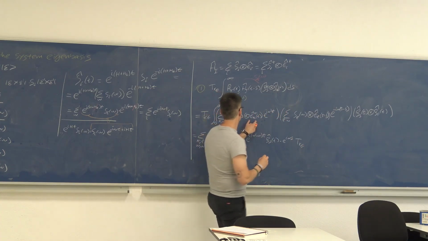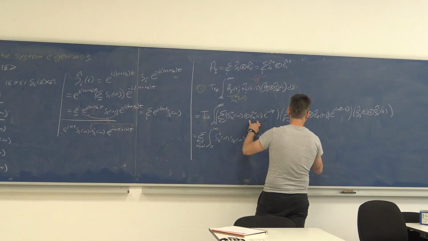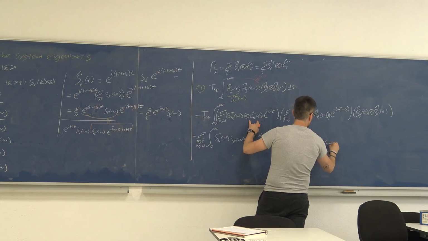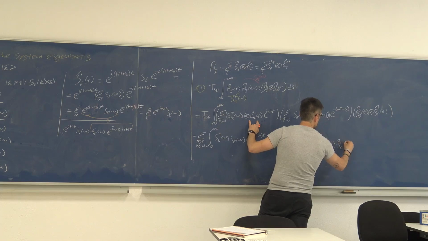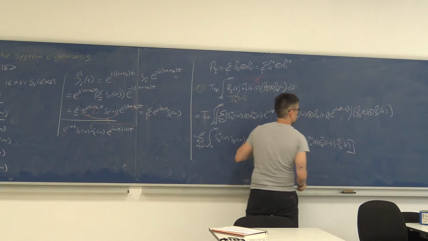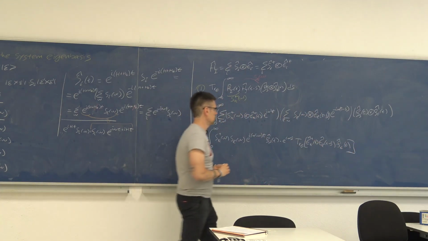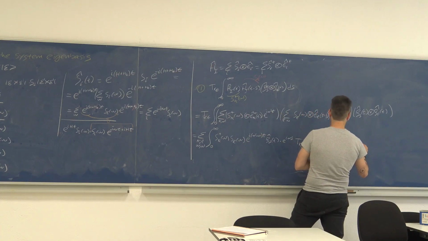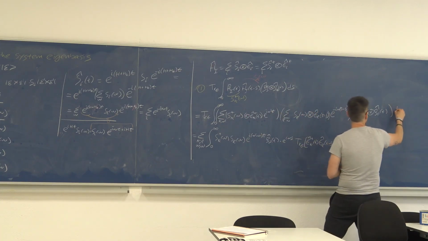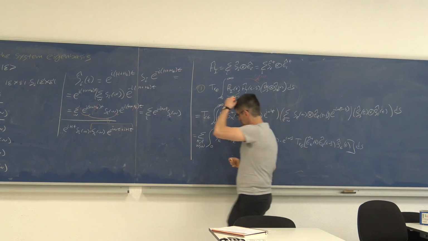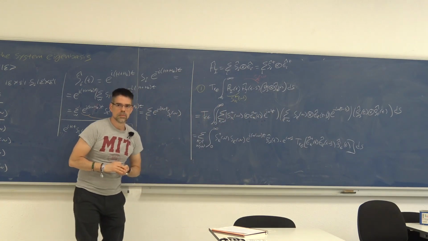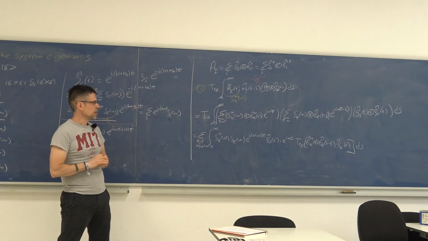That will be the trace over EK dagger of t, EL of t minus s hat, rho E of t, differential of S. Always integrating in S. Okay, I think I didn't forget anything.